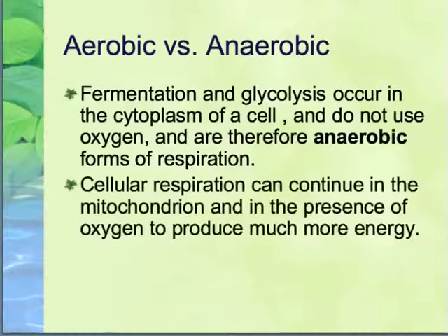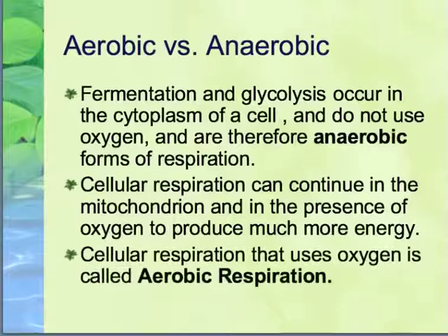Cellular respiration can continue in the mitochondria in the presence of oxygen and produce much more energy. So what we're saying is anaerobic respiration really isn't that efficient because we really do need oxygen for the most part. It can happen without, but it's not very efficient. If we have aerobic respiration, which is with oxygen respiration, what we're talking about is much more energy being produced.